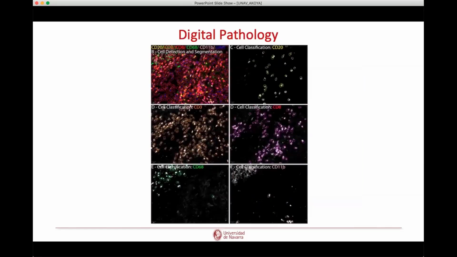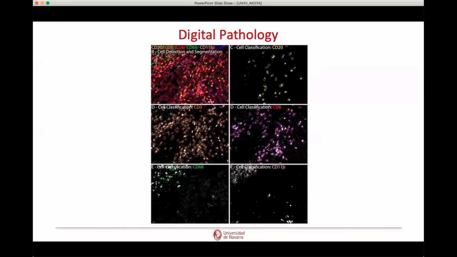The first step for the digital pathology analysis is cell segmentation. As we know already, cell segmentation is based on the detection of the DAPI of the nucleus, and then we have an algorithm to expand the nucleus, and then we have the cytoplasmic region. Doing so, you can later develop algorithms for cell classification.